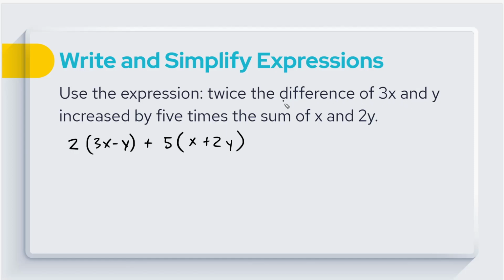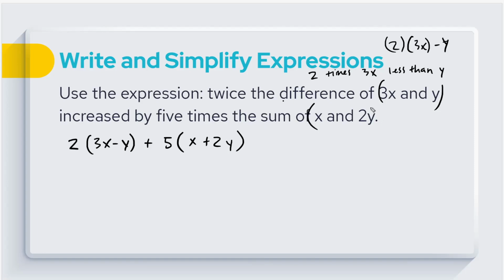It's not like 2 times 3x less than y or something like that. This would just be 2 times 3x minus y. But we're not doing this. It's twice the difference. So the difference here is grouping this here. Increased by 5 times the sum.